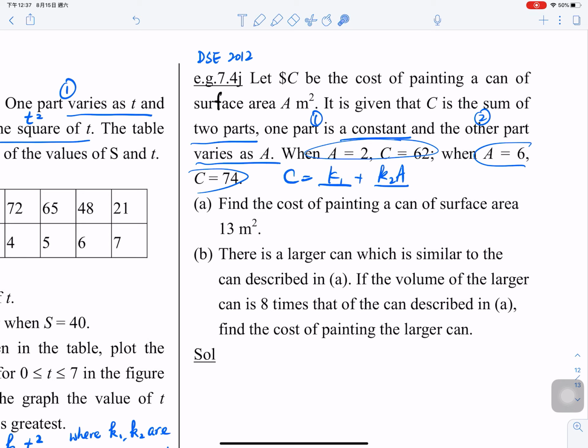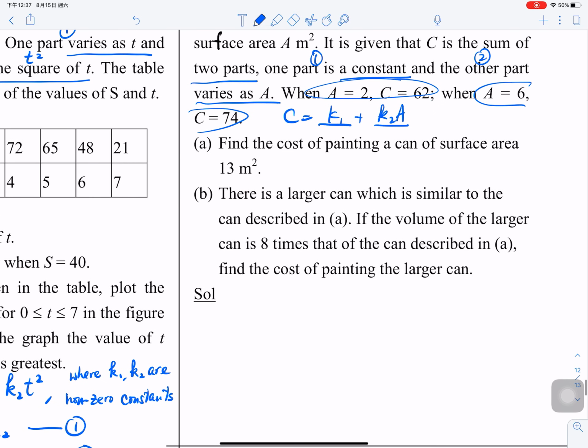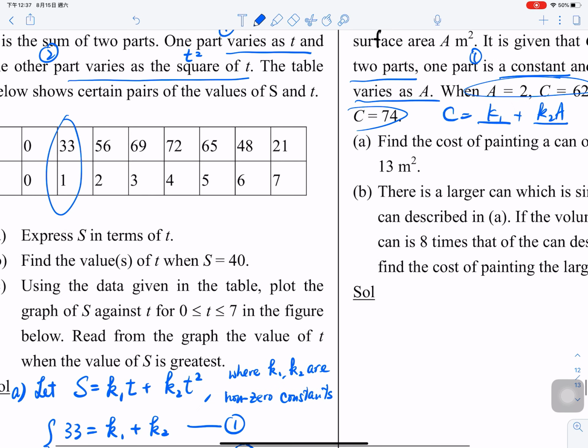Part A. Find the cost of painting a can of surface area 13 meters square. You found that it directly asks you a question like this, right?